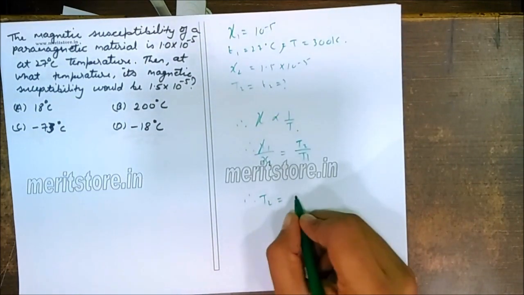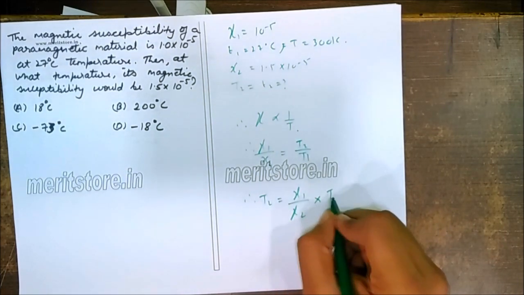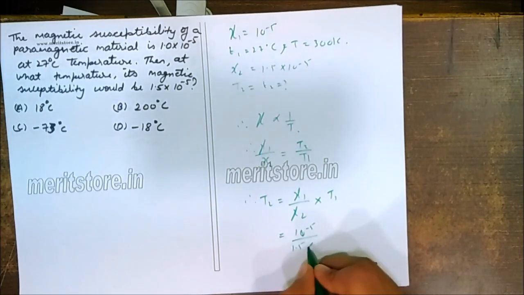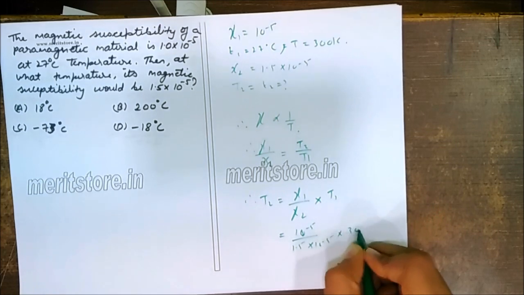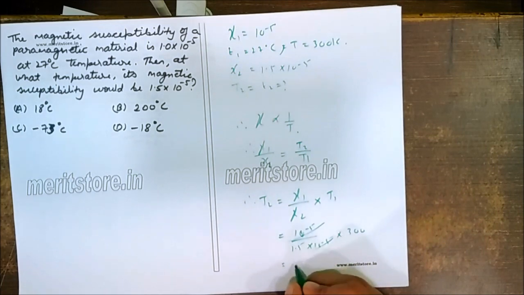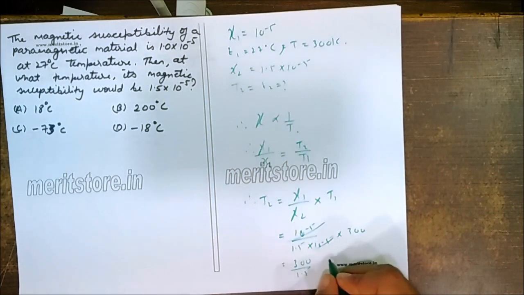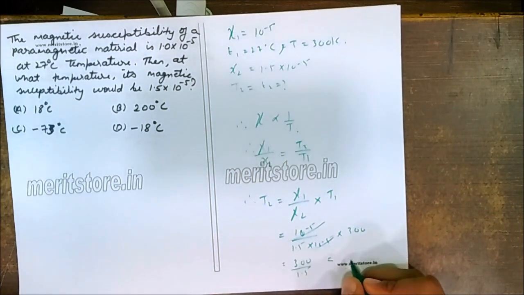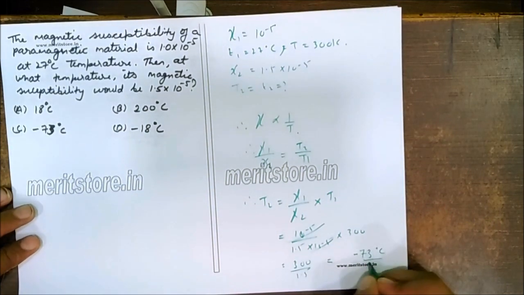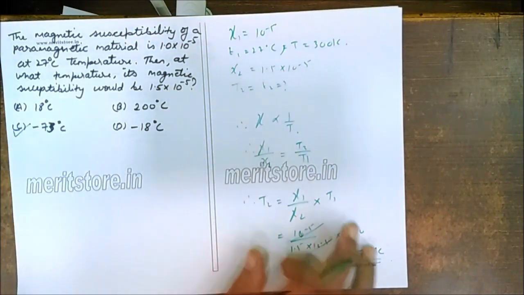Therefore T2 equals chi1 upon chi2 into T1. So chi1 is 10 raised to minus 5, chi2 is 1.5 into 10 raised to minus 5, into 300. So this becomes 300 upon 1.5. On simplification, we get minus 73 degrees Celsius as the answer. Option C.